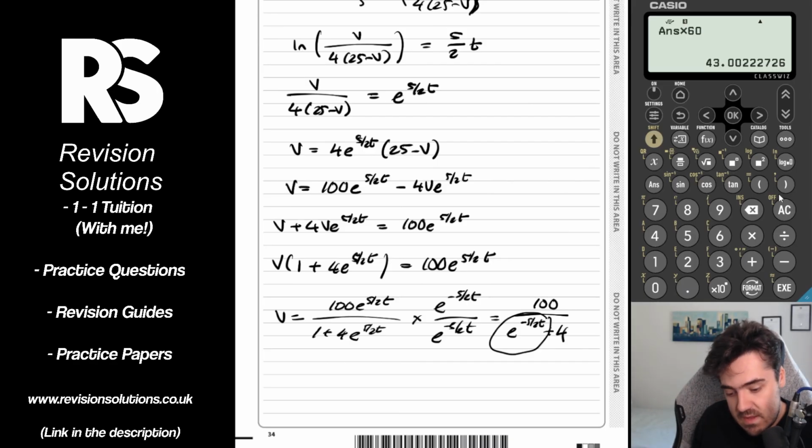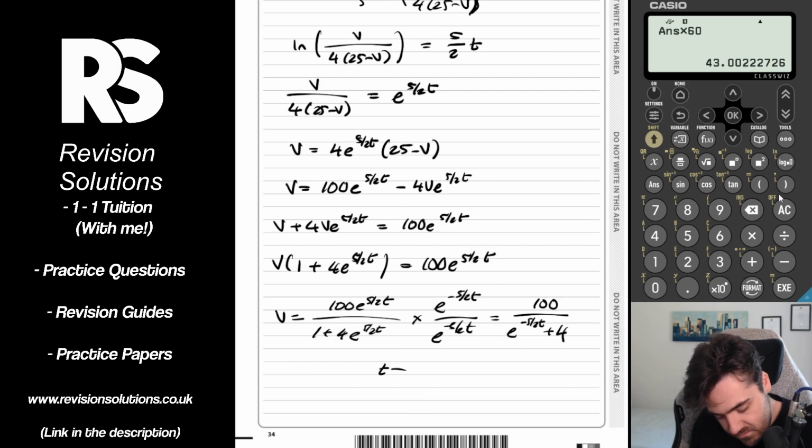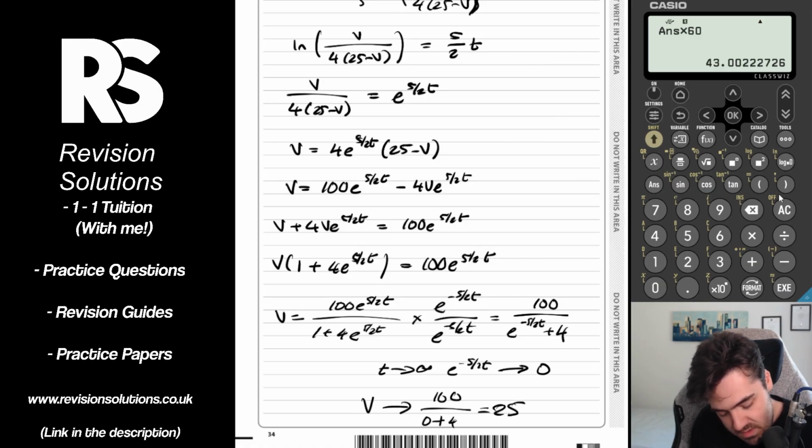So the best we could do is get it to 0. That would happen as t tends to infinity. So e to the minus 5 over 2t, a negative exponential, we know would go to 0. That means v would tend towards 100 over 0 plus 4, i.e. 25 would be the upper limit.